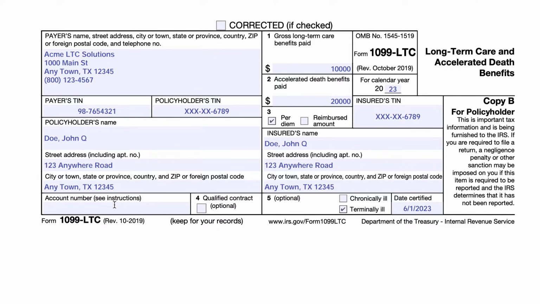Generally speaking, if the field is blank, you don't need to worry about anything that may or may not have been on there. It is required by the IRS if the company is issuing more than one Form 1099 for the same person. If you see multiple versions of this form, then you should see a separate account number for each version.